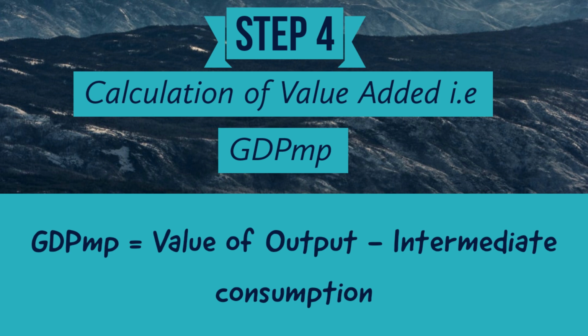Value added is also known as GDP-MP, that is gross domestic product at market price. So when you go for the value added method, you will get GDP-MP. GDP-MP is equal to value of output minus intermediate consumption. So the formula of value added is you have to firstly calculate the value of output, then you will deduct the intermediate consumption from this value of output and you will get the GDP-MP.